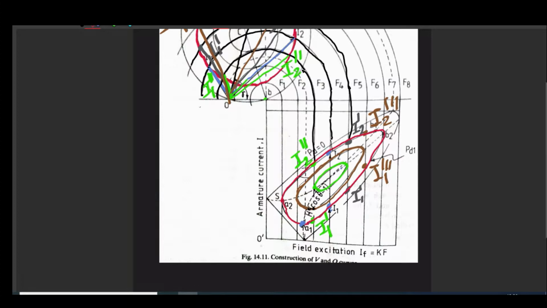We know that delta should not exceed gamma, and gamma is our armature internal angle, that is tan inverse Xs by R, and delta is the power angle between E naught and V. So we can do anything, but we have to keep in mind that if delta is greater than gamma, then our system will start behaving in an uncontrollable manner, right? Those are the things you can have here.